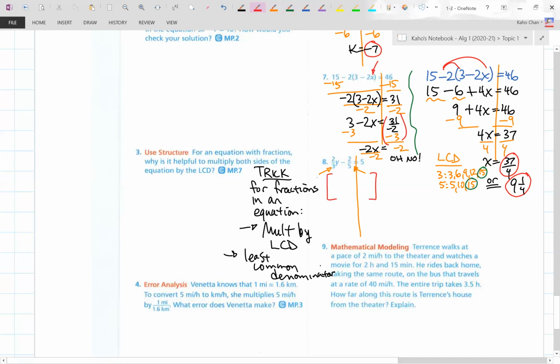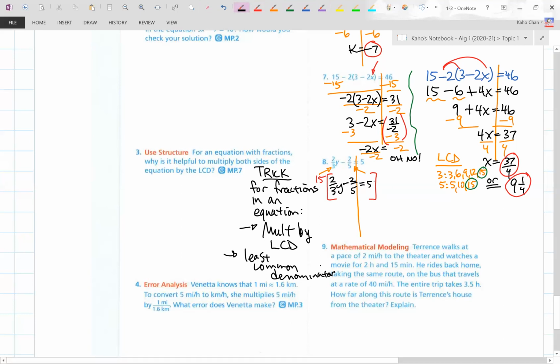So 15 out here multiplies everything from the original equation. 2/3 y minus 2/5 equals 5.